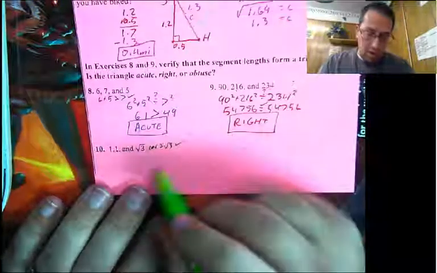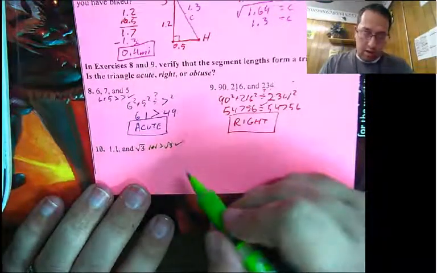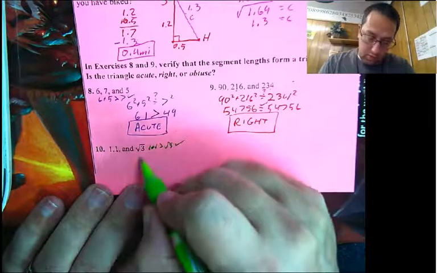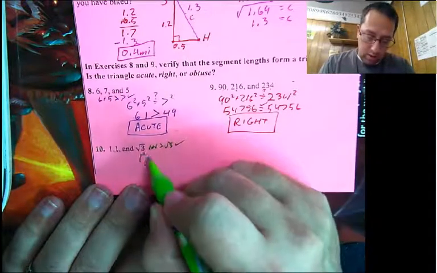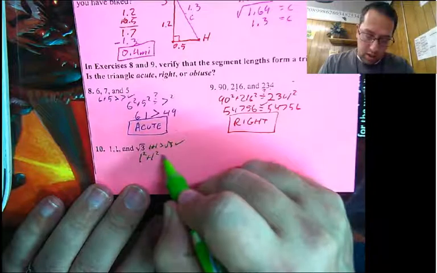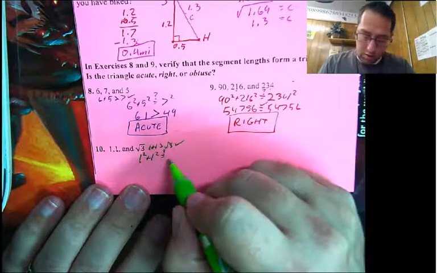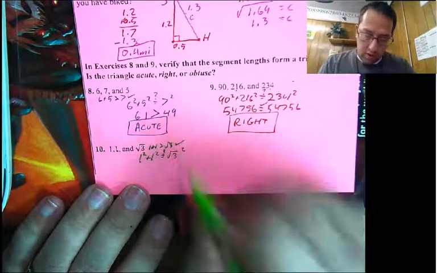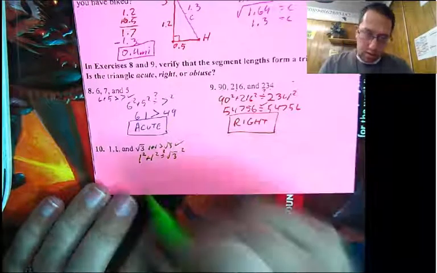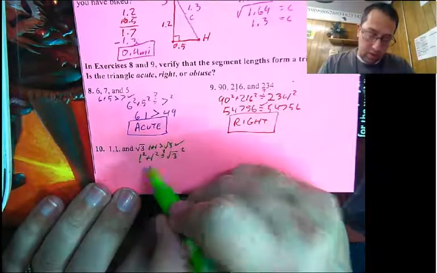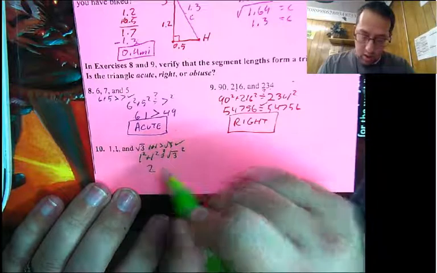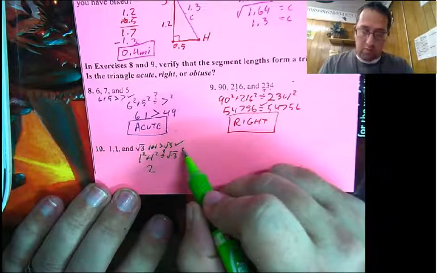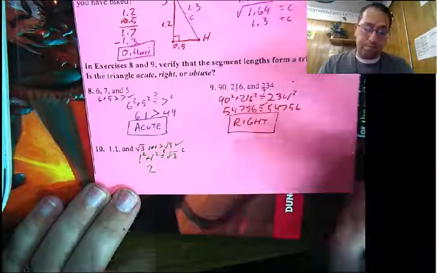Okay. Now, we're just going to plug this into the Pythagorean Theorem. That is our big side. So 1 squared plus 1 squared is, I don't know, maybe equal to the square root of 3 squared. Well, let's see. So 1 squared plus 1 squared, that's going to be 2. And the square root of 3 squared, well, when you square a square root, they cancel out, right?